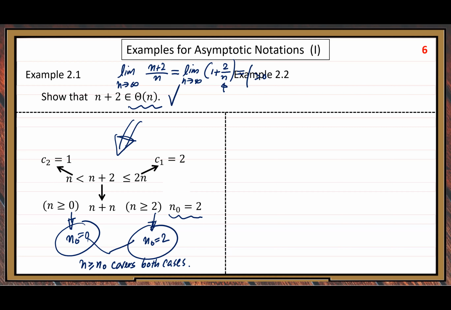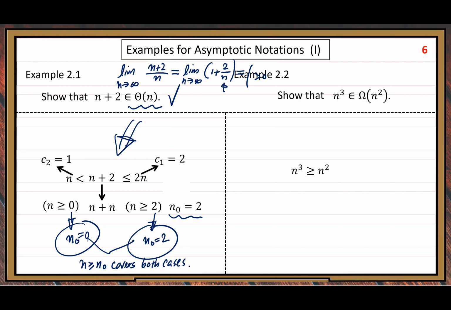All right. Let's look at example number 2. This time, we only need to do a one-sided estimate. n cubed is greater or equal to some constant multiple of n cubed, but that's easy. The constant, we just choose 1.